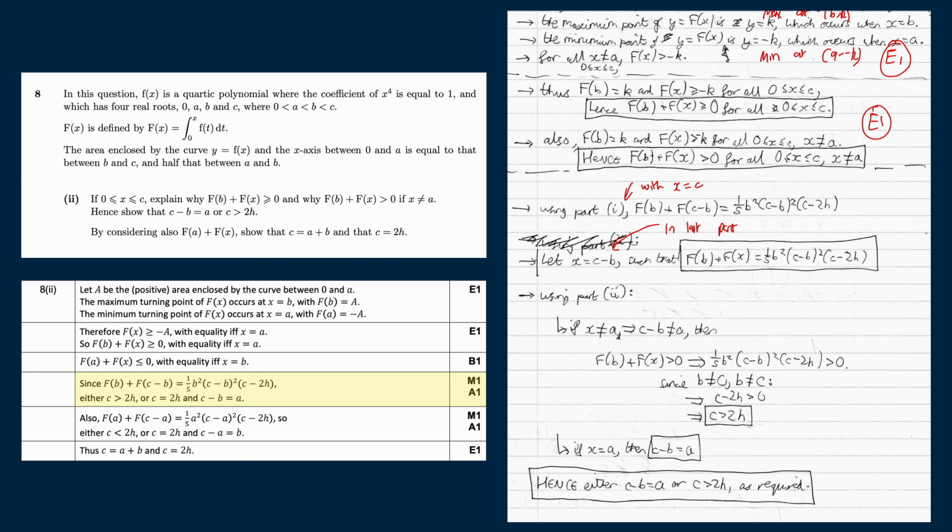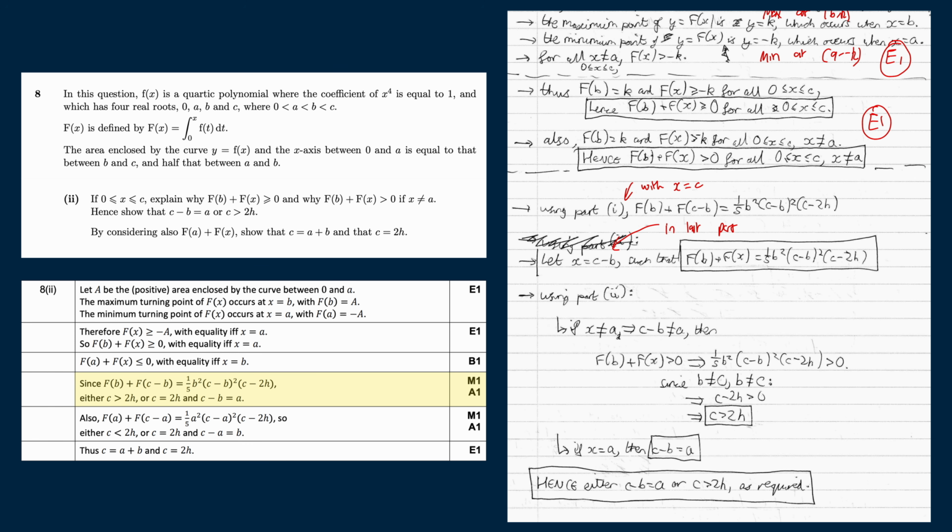And that's just because this result here is dependent on the x, so to speak, not being a, which it was in that case. So the M mark and A mark are for deducing that we have c minus b is a, or c is less than 2h. I am satisfied with this. I think this is fine.